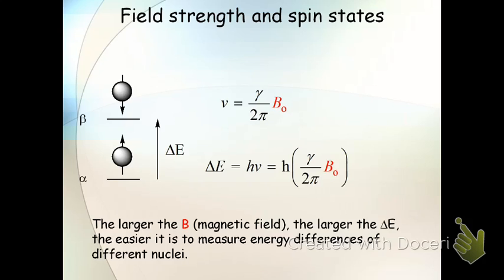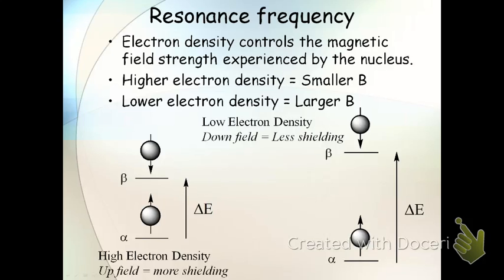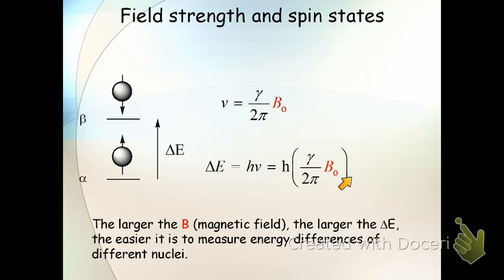In most modern NMR instruments, they make this number as high as they can. Let me go back. I didn't mean to switch the slide. This B, this is how strong the magnet is. They make this as large as they can to get as large a separation as possible over here.